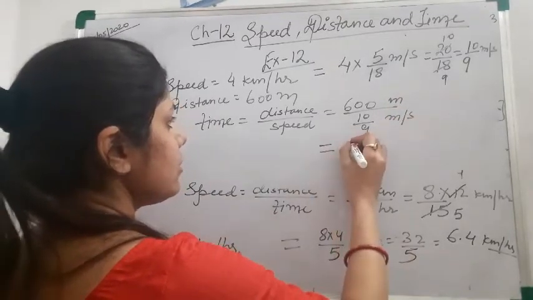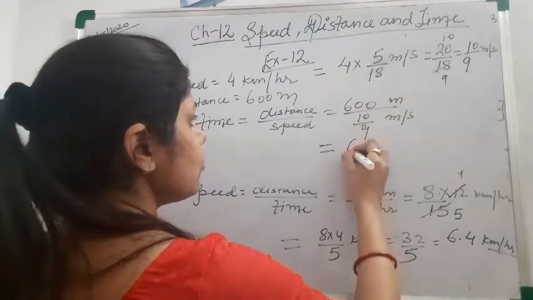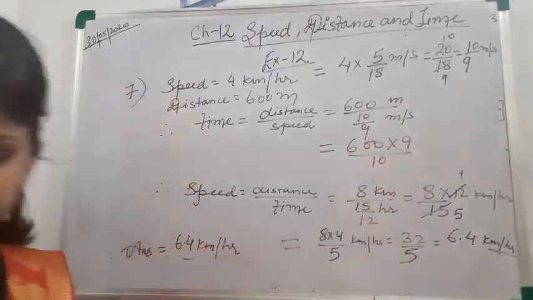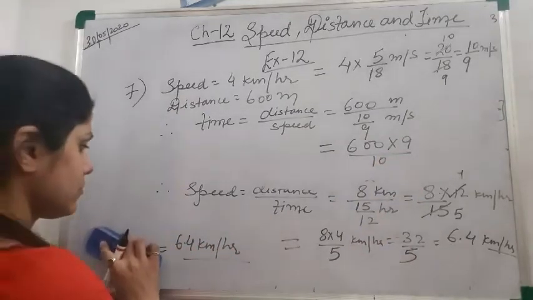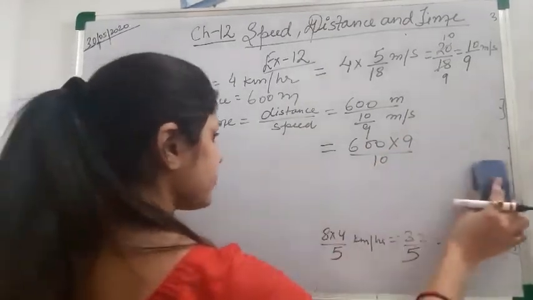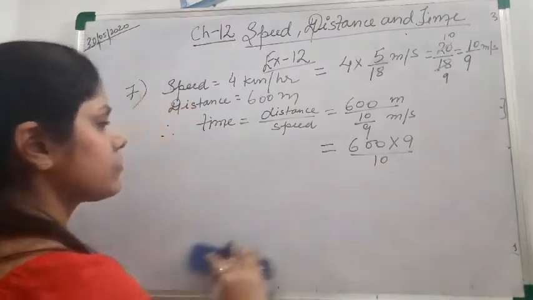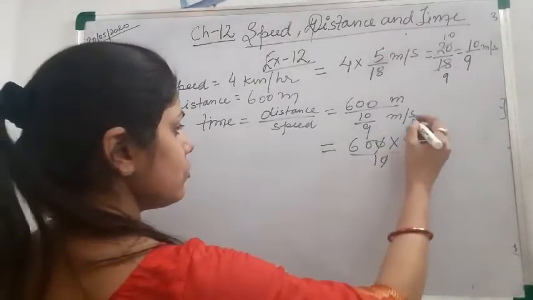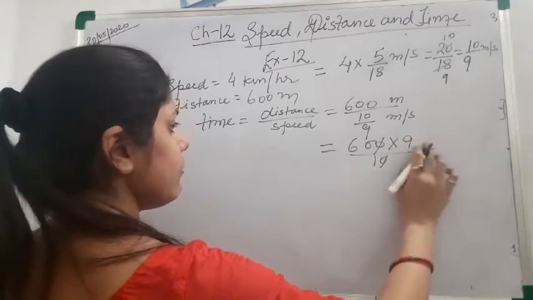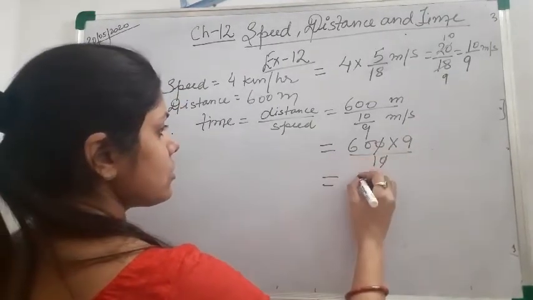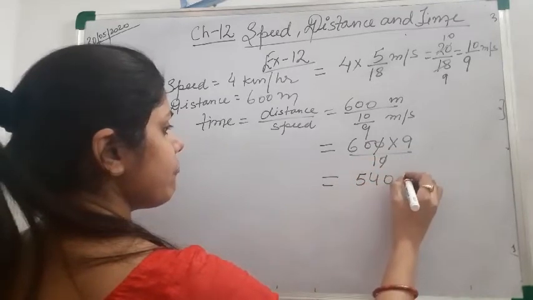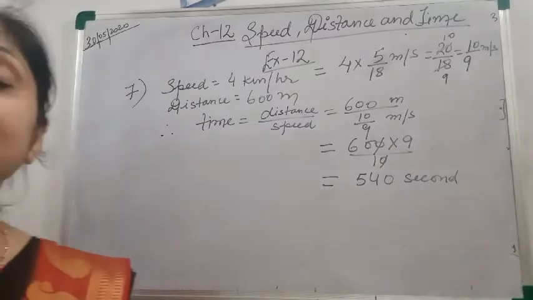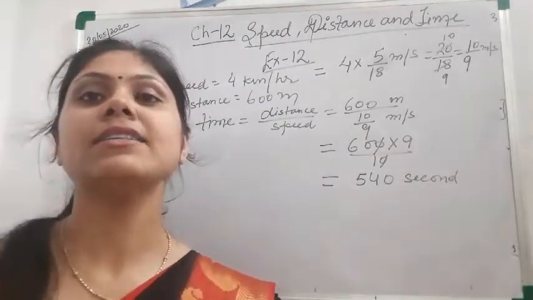When you will solve it, this 9 will go up. So, 600 into 9 upon 10. When you will solve this, 0 to 0 cancel out, and this will become 6 9 540 second, because your speed was given in meter per second.